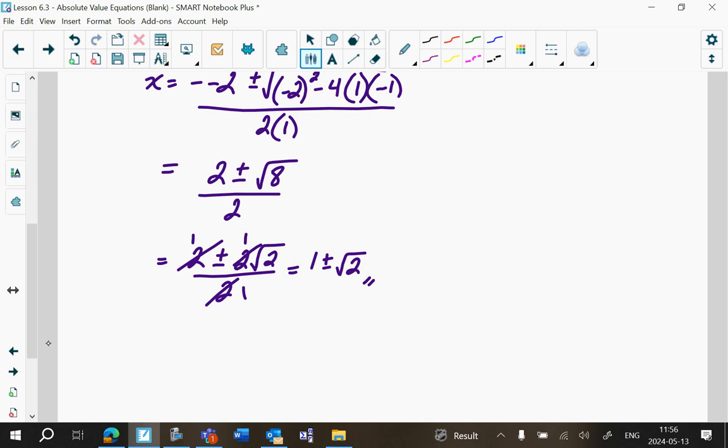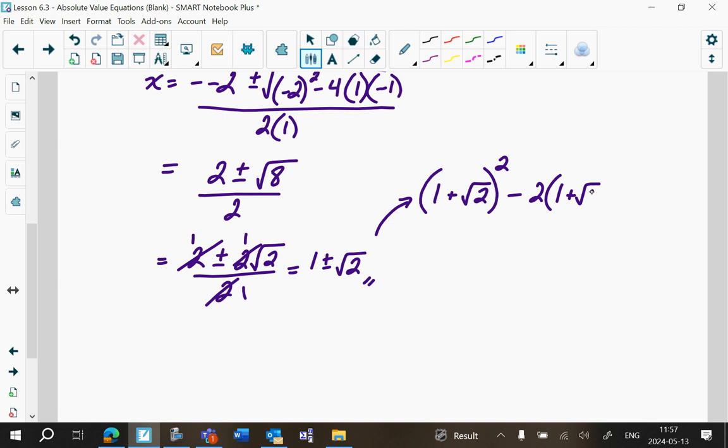Because you know what you'd have to do to check it? Don't write this down. You'd have to do 1 plus 2 root 2 minus 1 plus root 2 squared, minus 2 times 1 plus root 2.